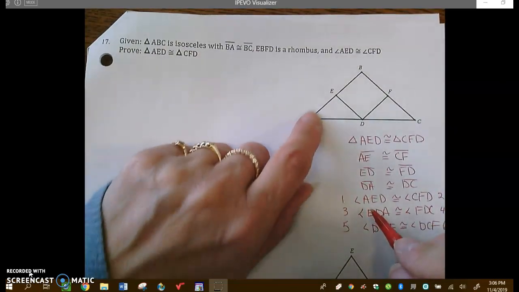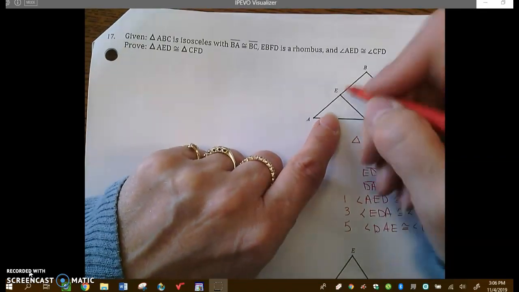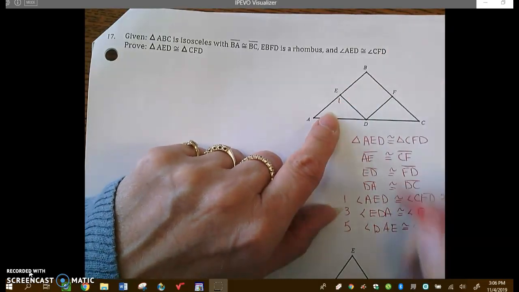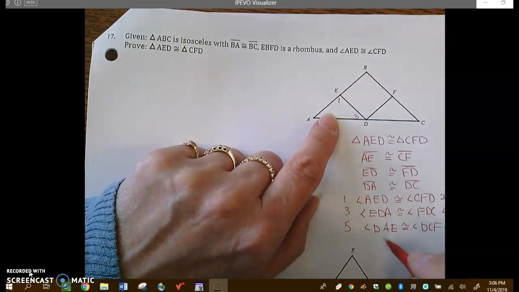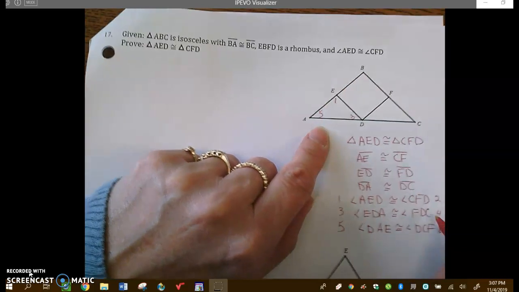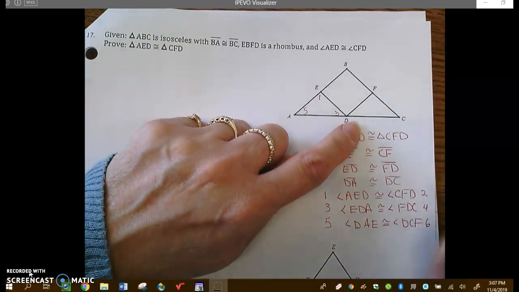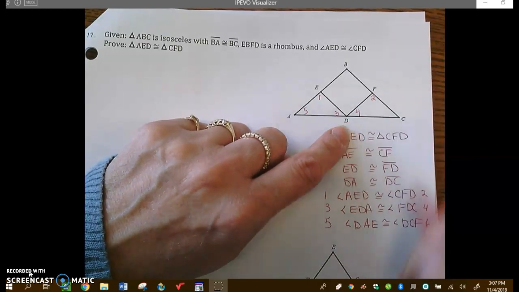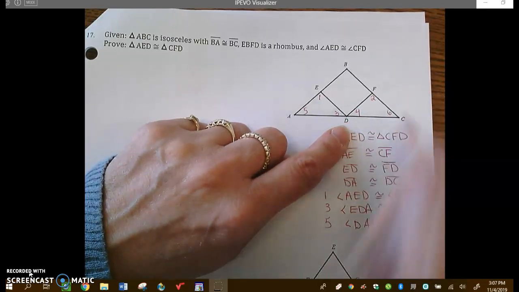So in triangle AED, at E is where I'm putting a 1, at D is where I'm putting a 3, and at A is where my 5 goes. And then in the other triangle, at F is where I put a 2, at D is where I'm putting 4, and at C is where 6 goes.